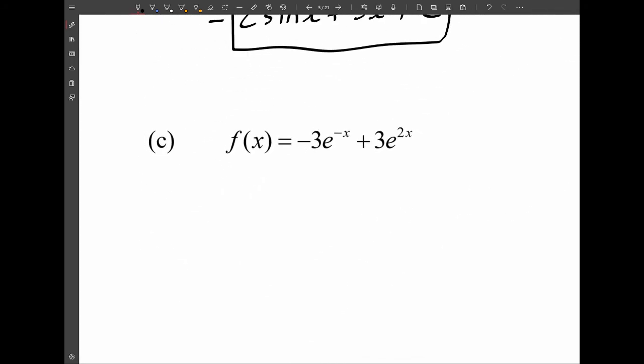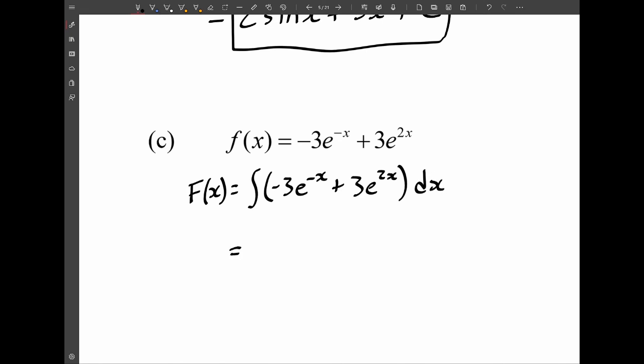All right, then we're here. Big F of x is equal to the antiderivative of negative 3e to the negative x plus 3e to the 2x dx, which, okay, so when I walk through this, I'm going to pull out that coefficient.